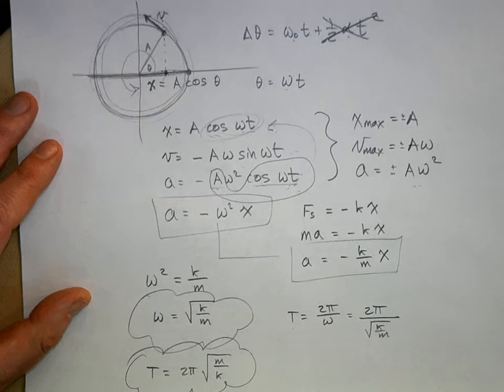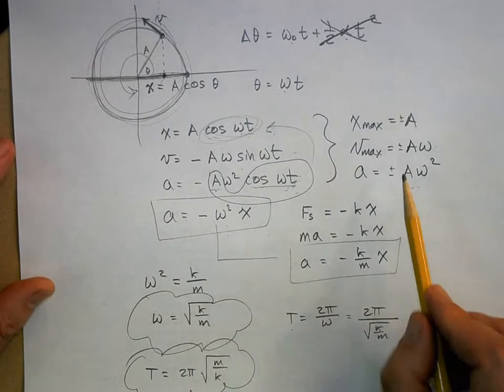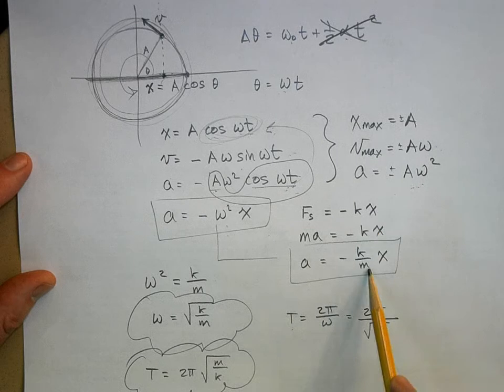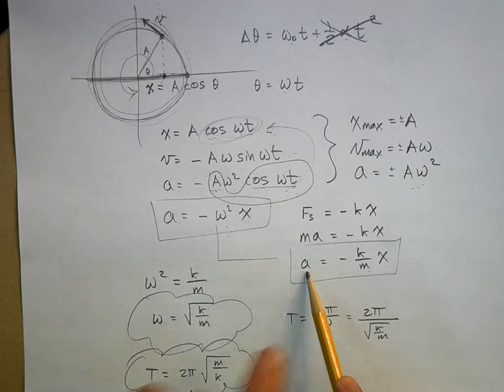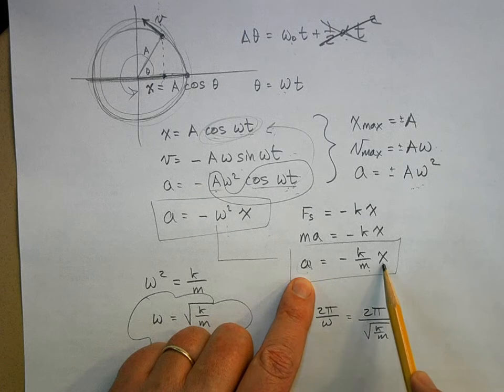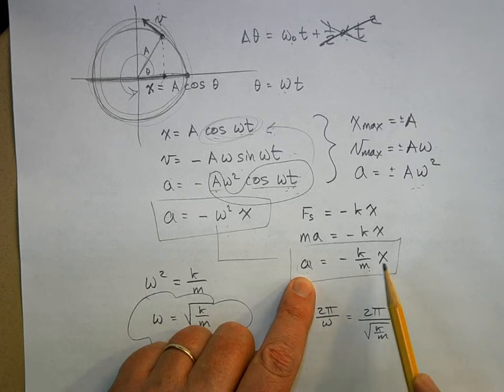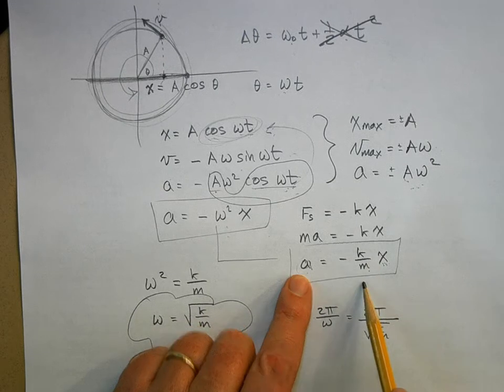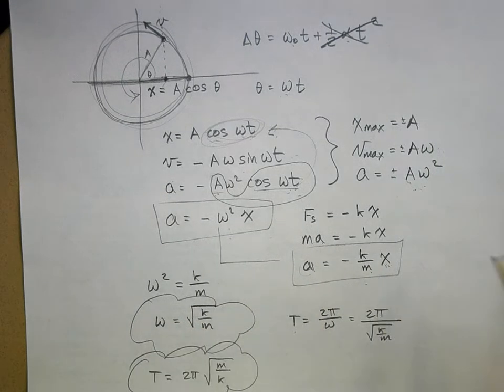And really, you can get this maximum acceleration from Hooke's law directly, right? The maximum acceleration will be when x is at its maximum, and x is at its maximum when you have the amplitude, and we said this is omega squared right here. So it all kind of fits.